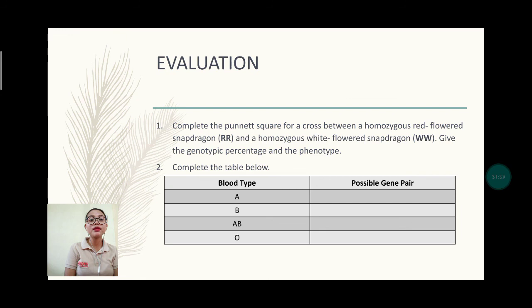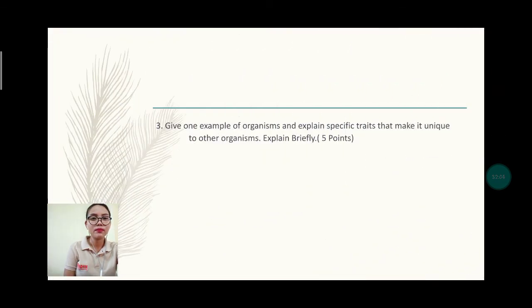Give the genotype, percentage, as well as its phenotype. Number 2, you're going to complete the table. The possible blood type is already given. You're going to identify the possible gene pair. Number 3, give one example of an organism and explain specific traits that make it unique to other organisms. Explain briefly.